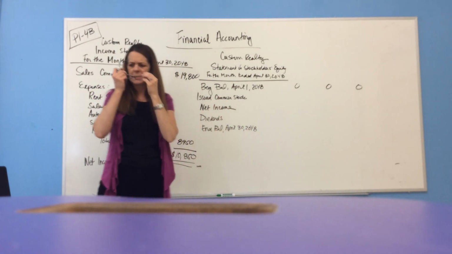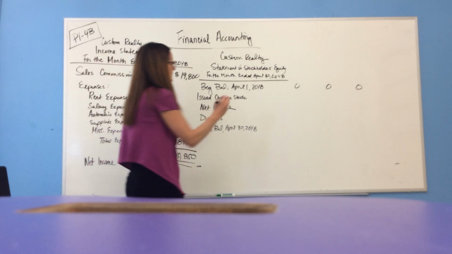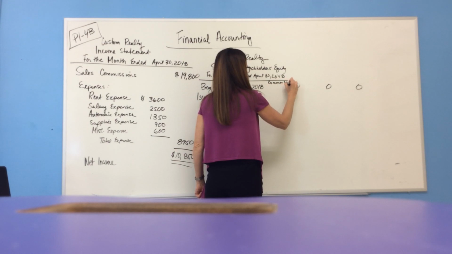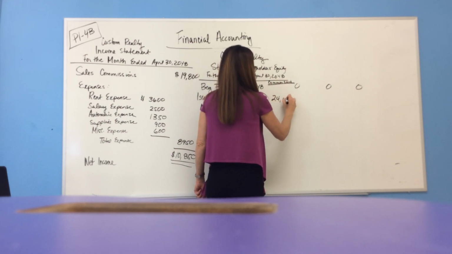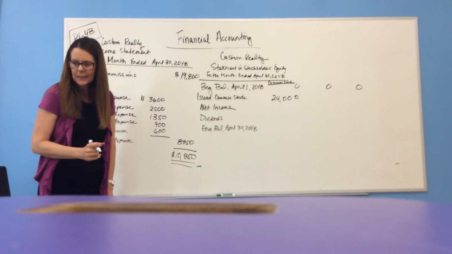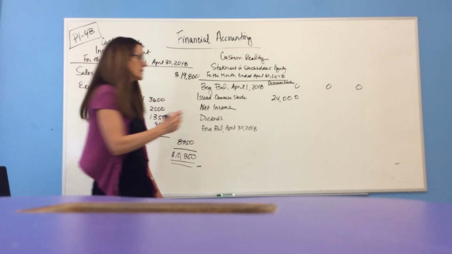So the issue common stock, I think we had that. That's going to be $24,000, and that will be up here. 24,000 would be in this line. Okay, and then our net income would be in the second line under retained earnings.